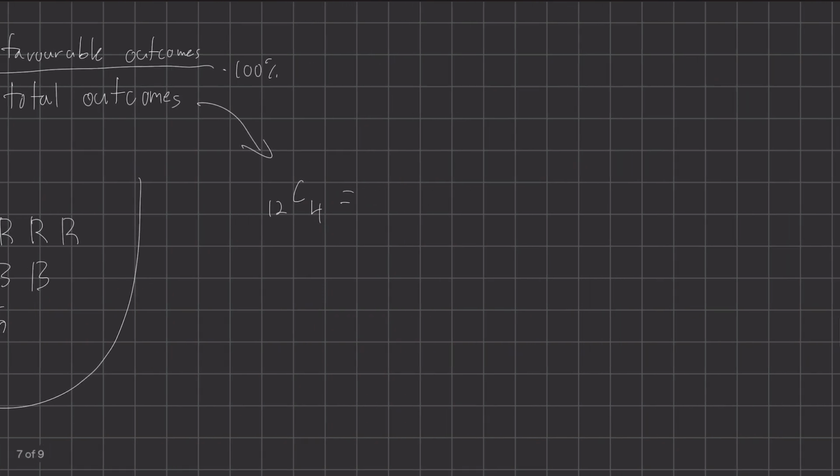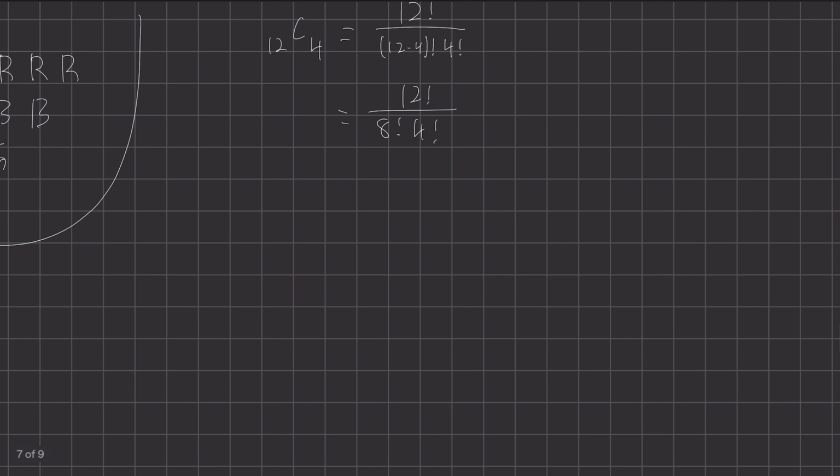12 choose 4 is equal to 12 factorial over (12 minus 4) factorial times 4 factorial, which is just 12 factorial over 8 factorial times 4 factorial. We can do this as 12 times 11 times 10 times 9 times 8 times so on down to 2 times 1.